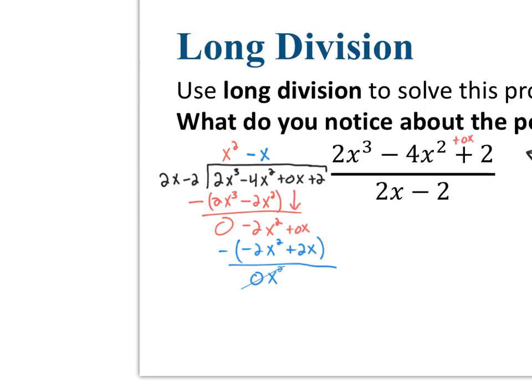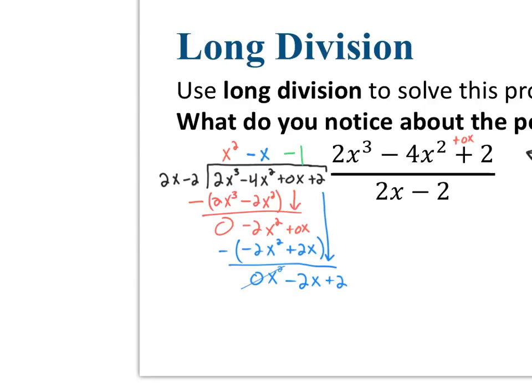And then 0 minus a positive 2x is a negative 2x, and then the next term comes down. It's positive 2. What do I need up top so that this times the thing I'm dividing by gets me this? What gets me negative 2x? Oh, that's got to be negative 1. So I'll do that in green, negative 1.